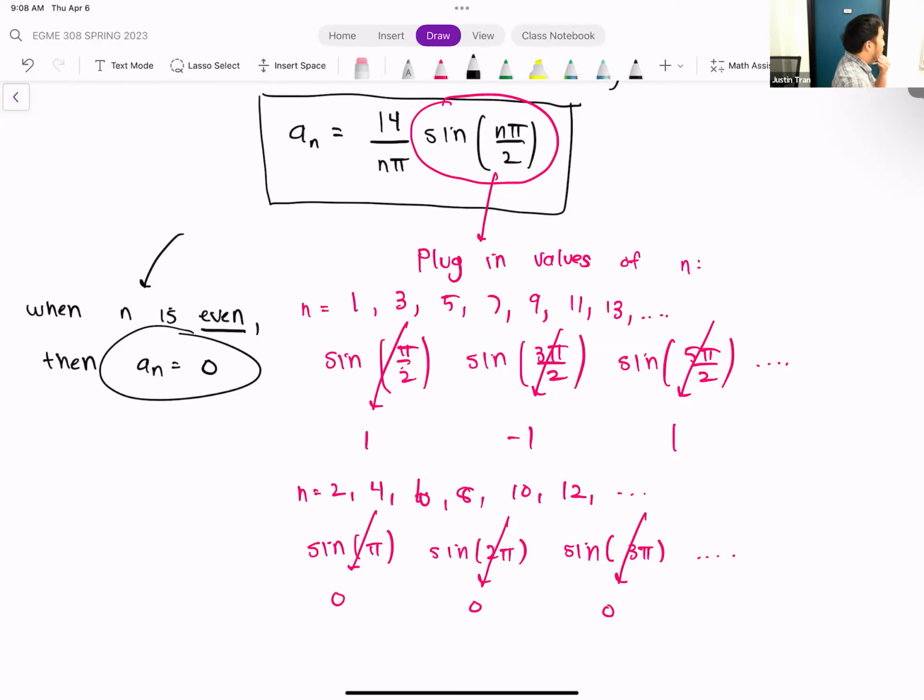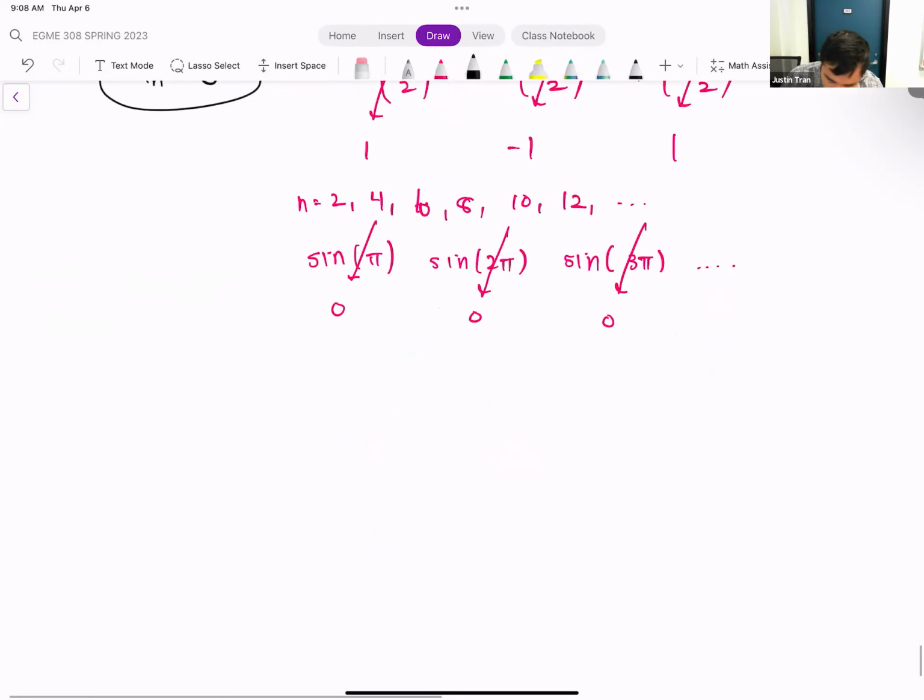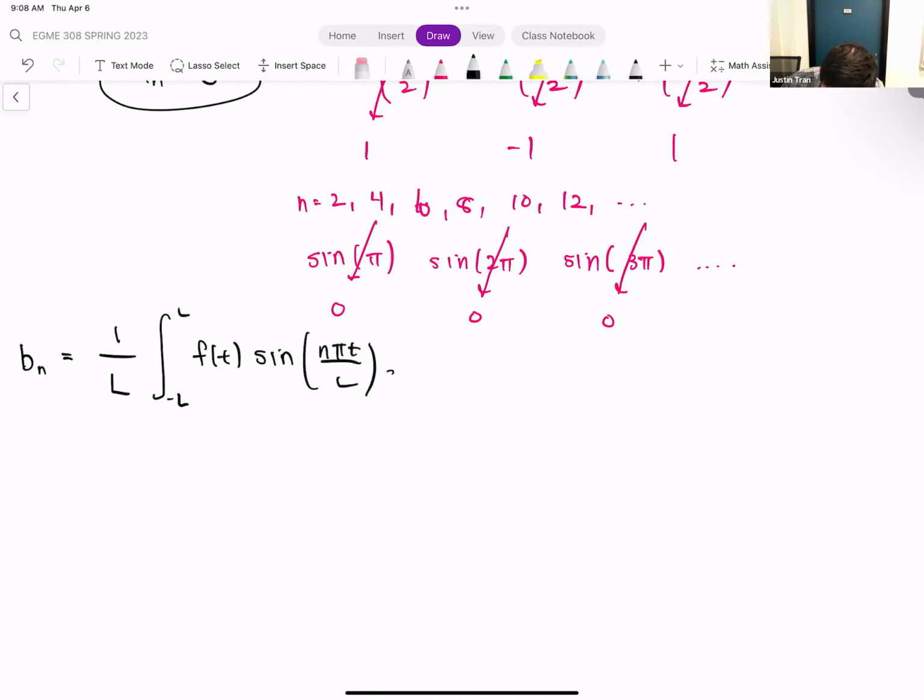Okay. All right, so that's a0, we have an. Let's go ahead and write our expression for bn. Our formula for this is 1 over L integral from minus L to L of f of t sine of n pi t over L dt.